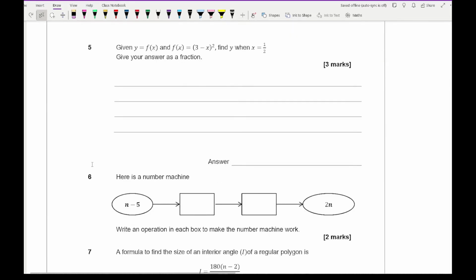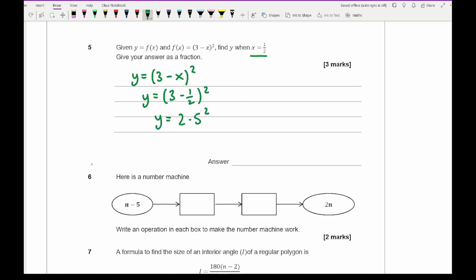Moving on to question 5, it says given that y equals f of x and f of x equals 3 minus x squared, find y when x equals a half. So for this, what we need to do is rearrange to make y equals 3 minus x squared, and we want to substitute x equals a half. So y equals bracket 3 minus a half squared. So that's going to be y equals 2.5 squared.